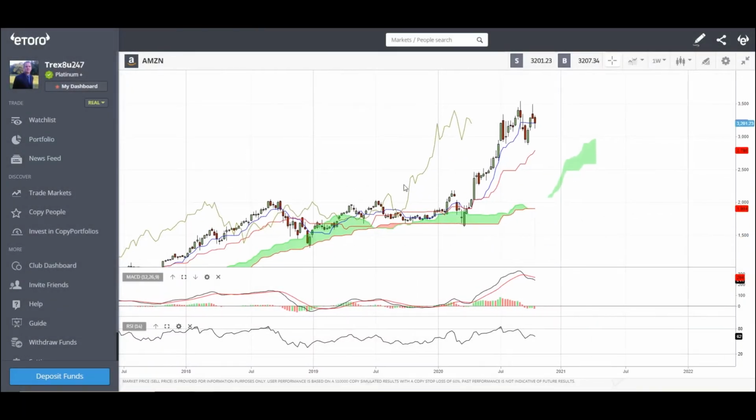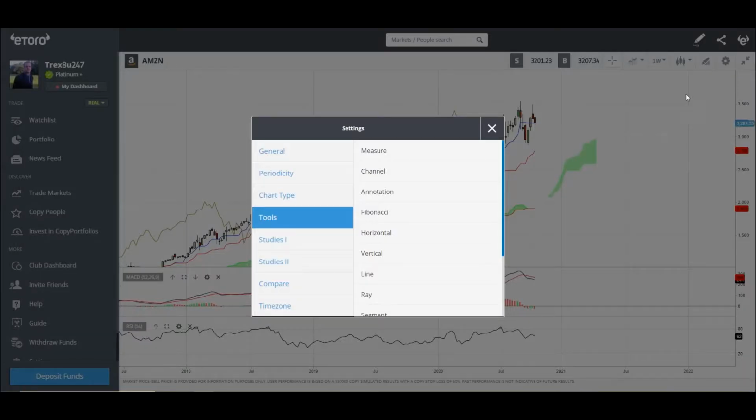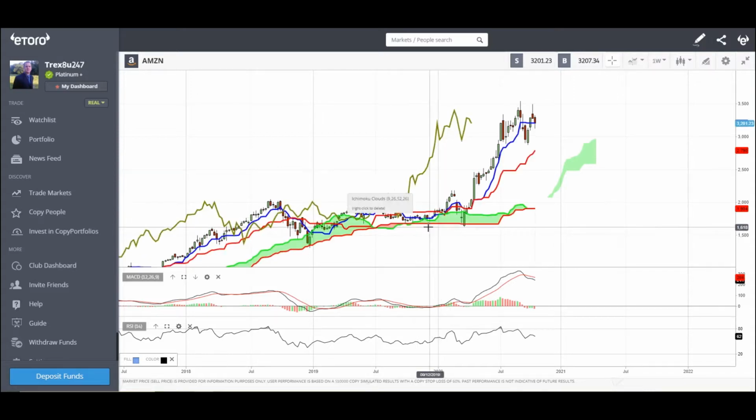First up, we're looking at Amazon. I start off by changing the chart to a weekly chart and then quickly go ahead and put in the Fibonacci.